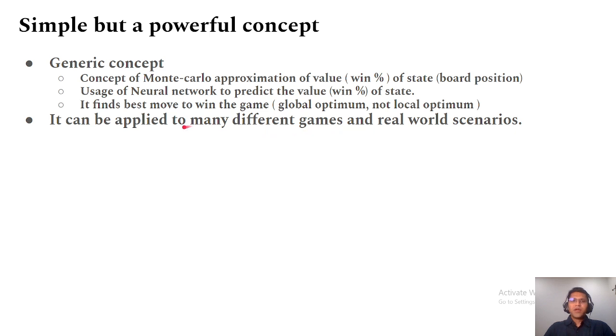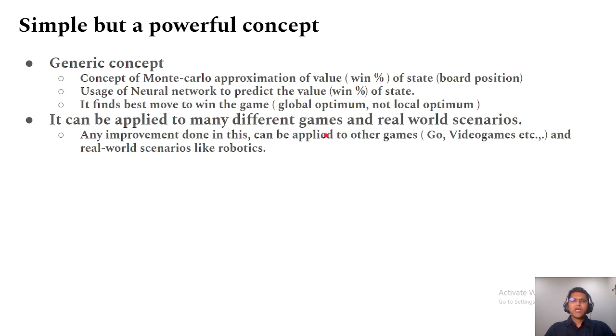As I said, it can be applied to many different games and many real world scenarios, and any improvement done, any more efficient ways of doing this whole process can be readily applied to other games. The same can be implemented for Go, for video games, etc. And it can be applied to many real world scenarios like robotics.